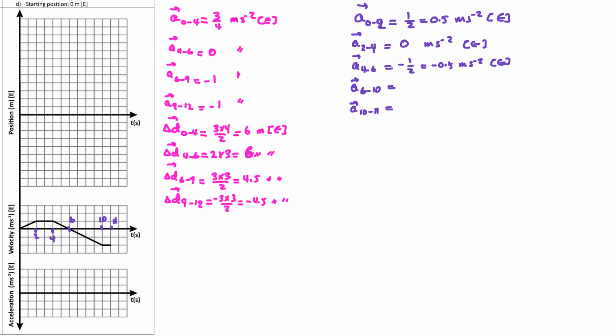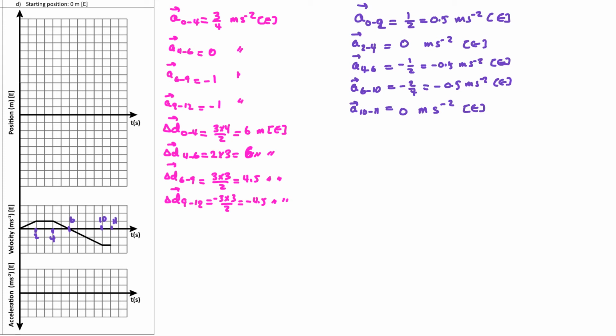Then the next section is the same. It is actually -2/4, which is -0.5 meters per second squared in the east. And finally, the last section is also a horizontal line, or 0 meters per second squared in the east.